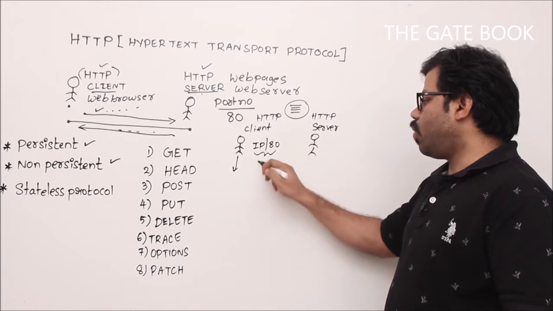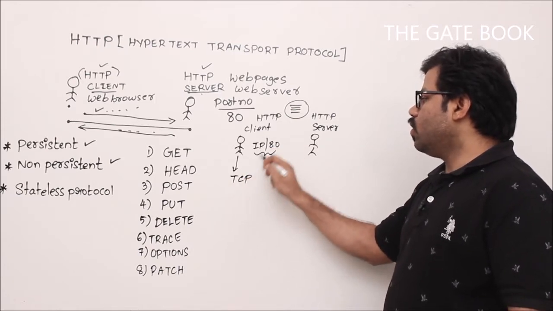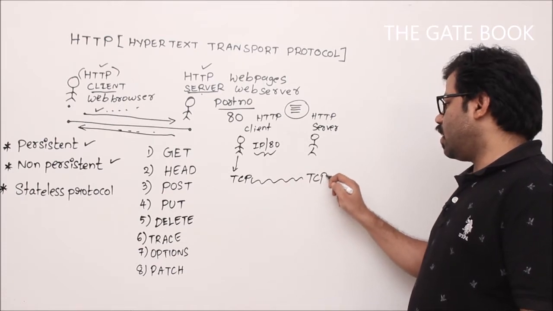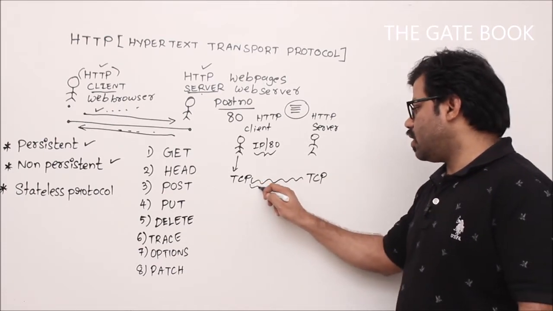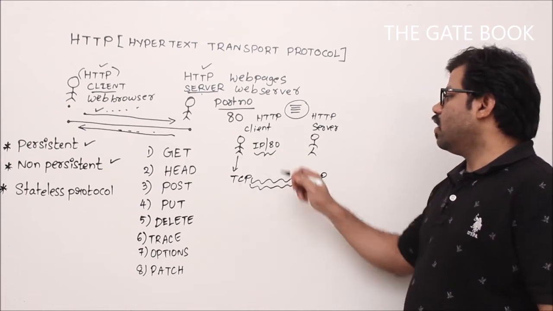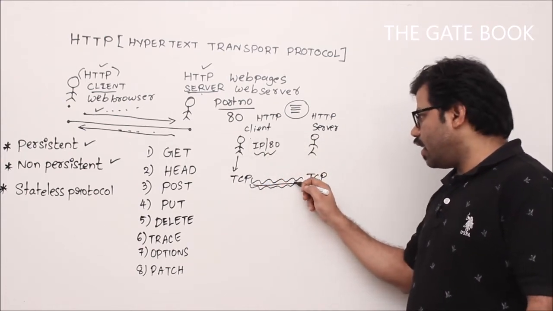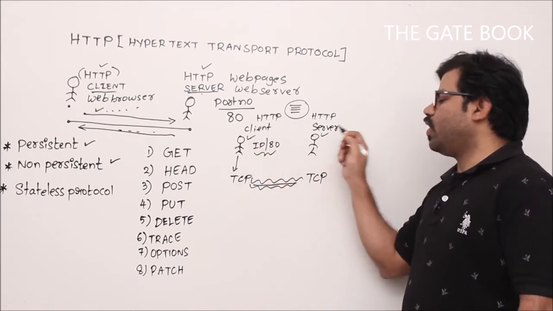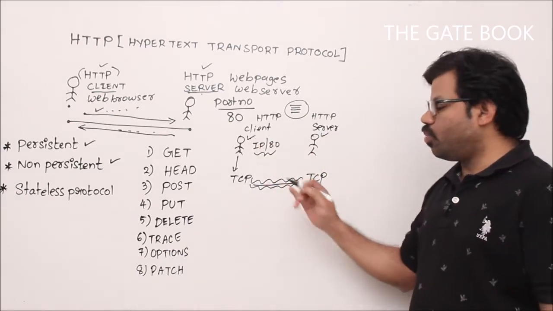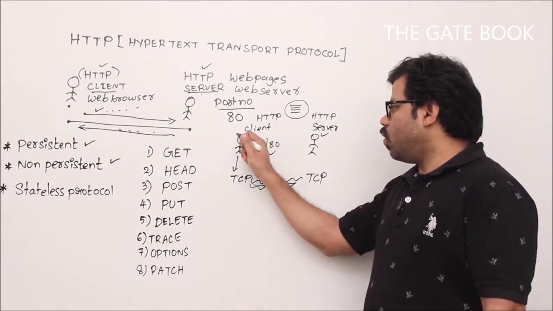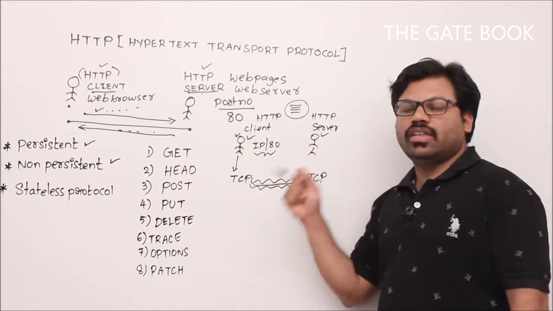These details are provided to the TCP protocol, and using that, your TCP can communicate with the other TCP. So there is a TCP to TCP communication, hence a client server communication. Through this communication line, which TCP provides, your applications communicate. Now we talk about what this client and server are going to do.